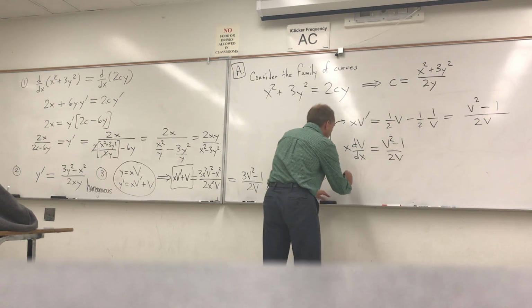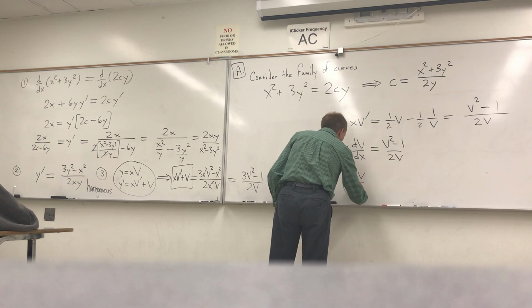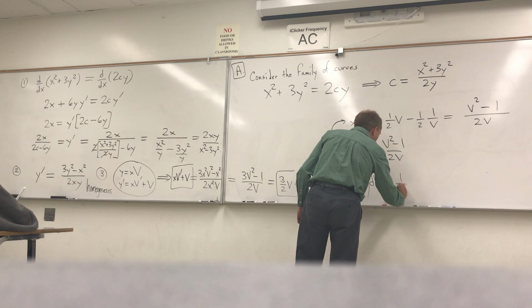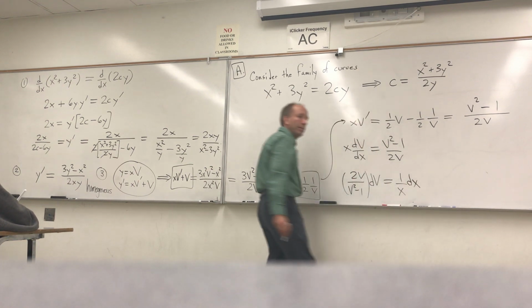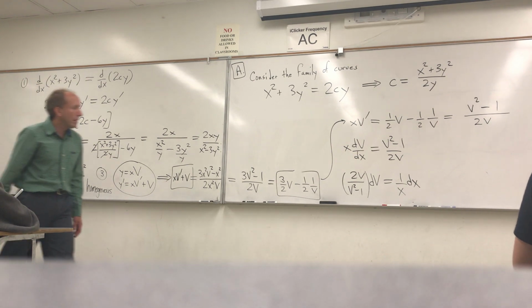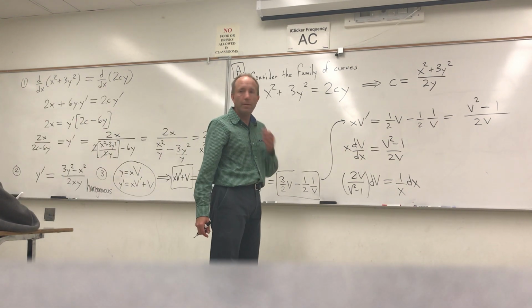So on the left side, I'm going to put 2v over v squared minus 1 times dv, and on the right side, I'm going to put 1 over x dx. You have to flip things around a little bit to get that to work, but that's what it comes out to.